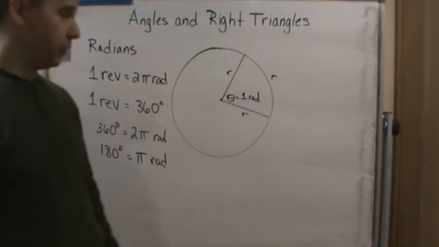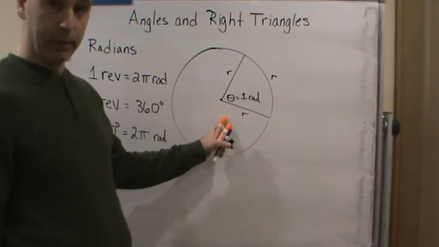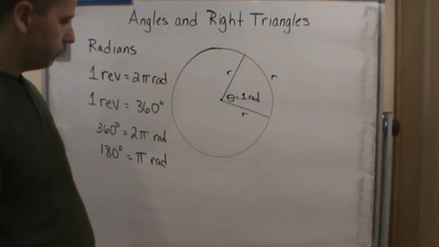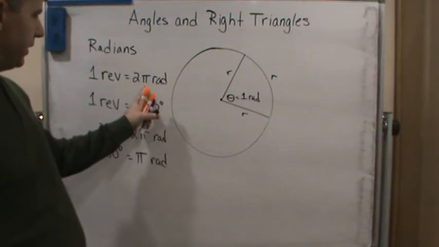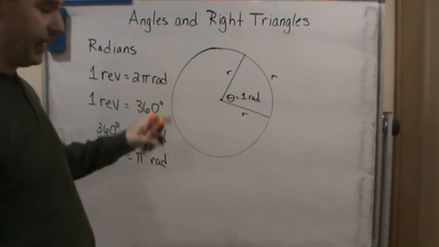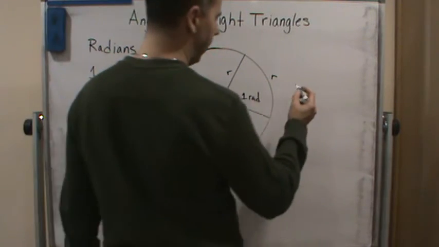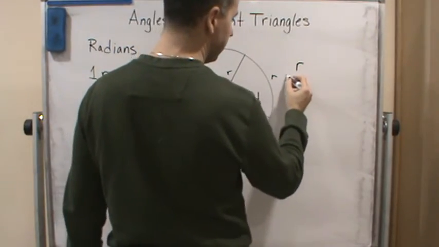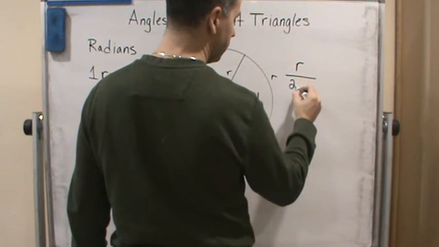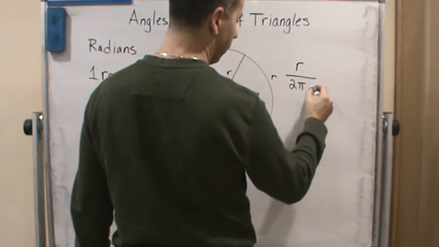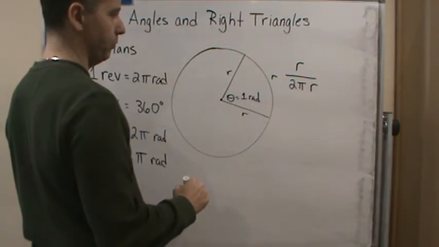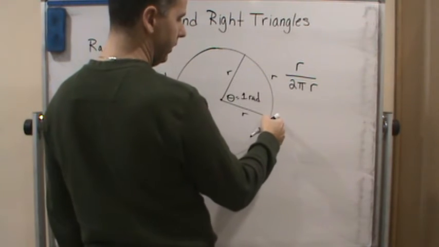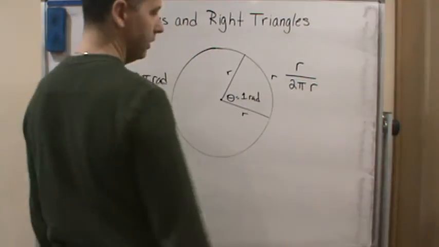Now, we could develop another conversion by looking at this here and developing a proportion, right? So, if I know that 1 revolution is 2 pi radians, then I can set up a proportion. What is 1 radian? Well, I can say R divided by 2 pi times R, where R is the radius.